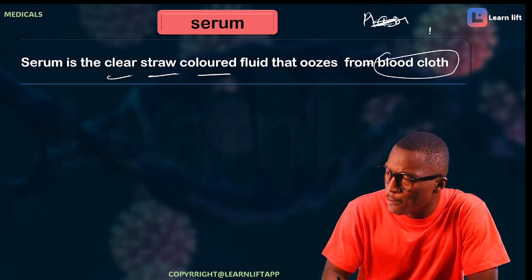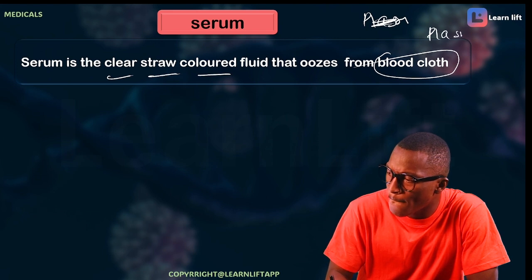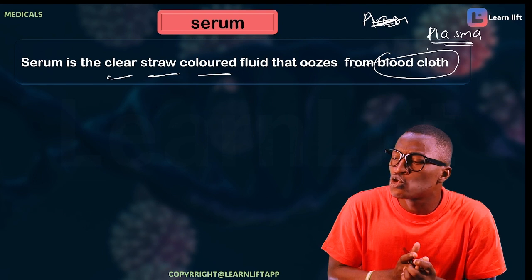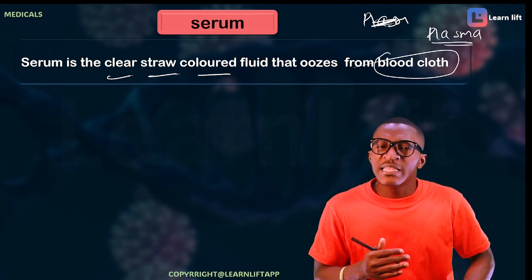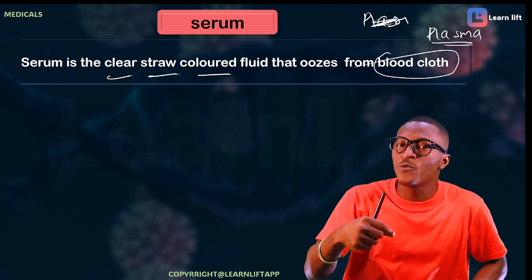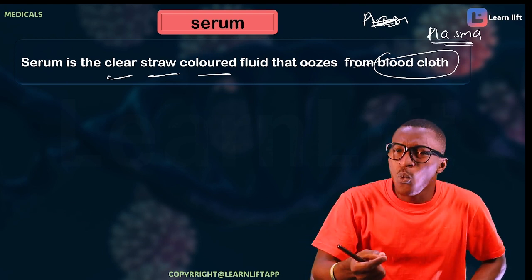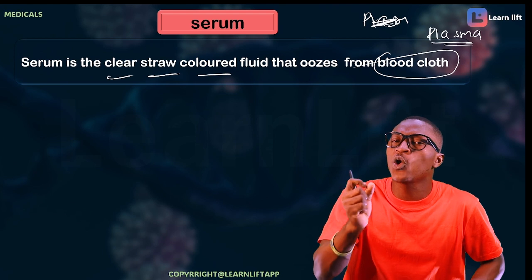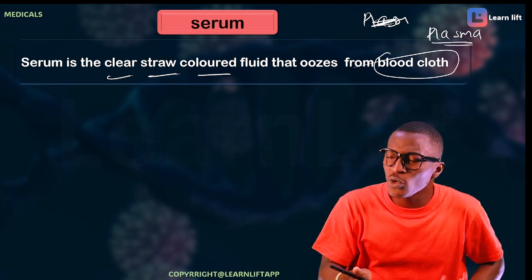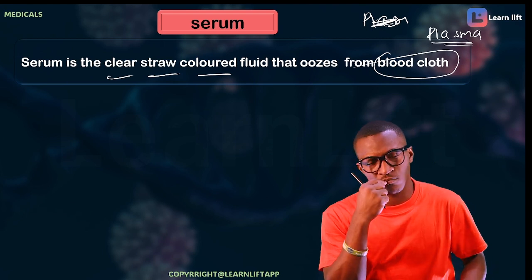Let me write that well. Your plasma is a clear straw-colored fluid. Now, that's inside that straw-colored fluid, which is the plasma. When there is a clotting in blood, what is formed is what we call your serum.